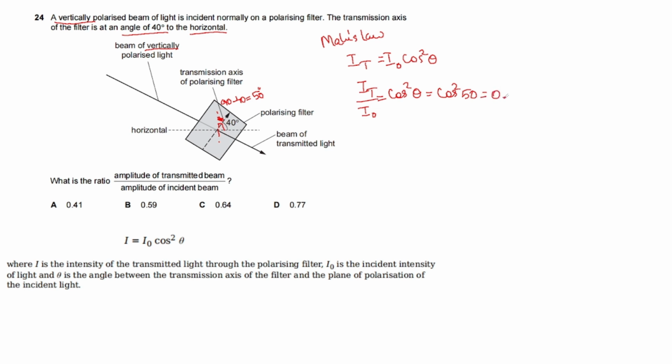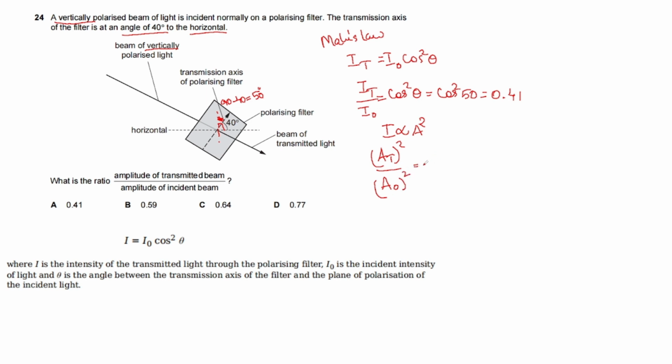So 0.41 is the ratio of the intensities, but this is not our answer because we need to convert into amplitudes, right? We know that the intensity is always proportional to the square of the amplitude. So here we can change this intensity in terms of amplitude. Intensity would be proportional to the square of its amplitude for both cases.